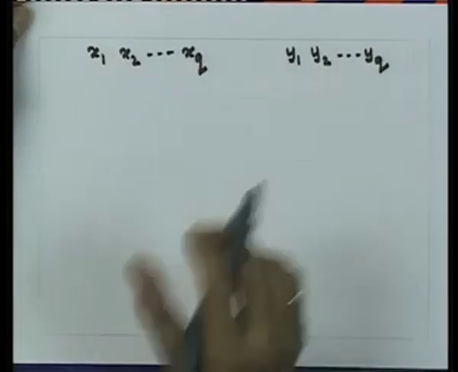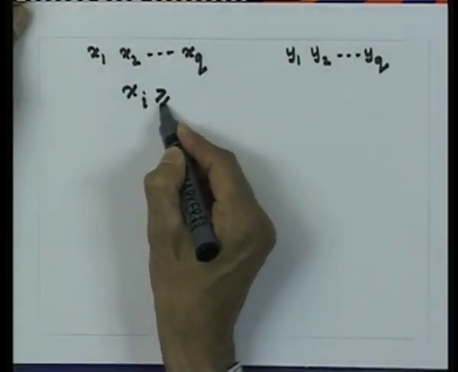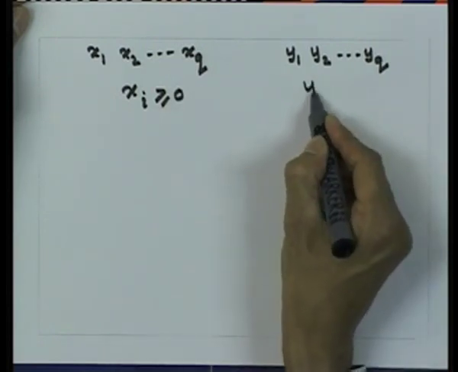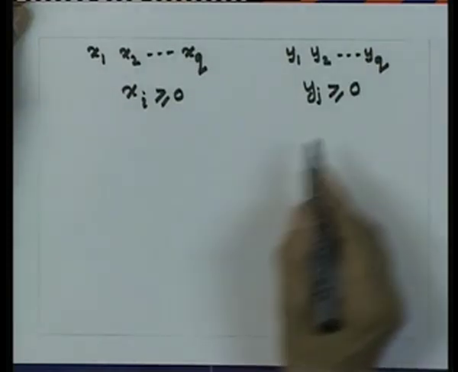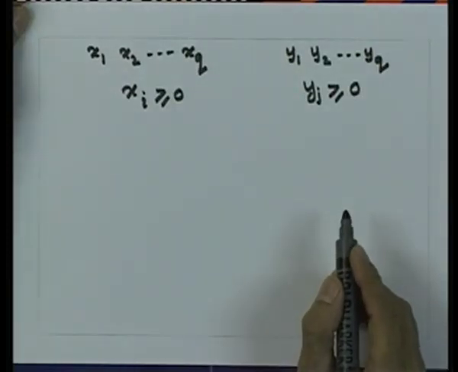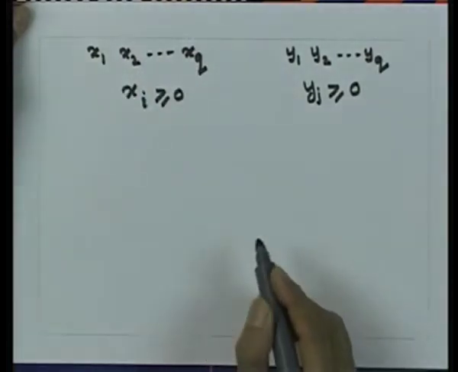These are two different sets of probability. So, it means xi is greater than or equal to 0 and yj is greater than or equal to 0 for all i and j, obviously ranging from 1 to q.